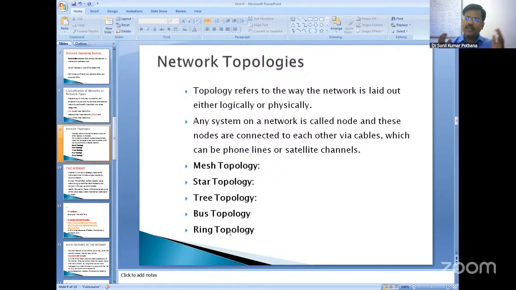We need not go into much detail about each topology, but we have given maps in the textbook. If you see that image, you will get an idea about these topologies.